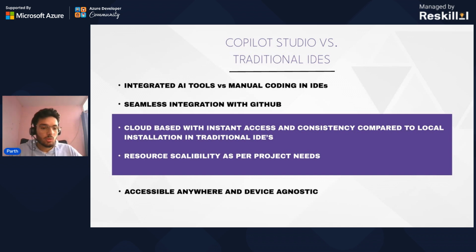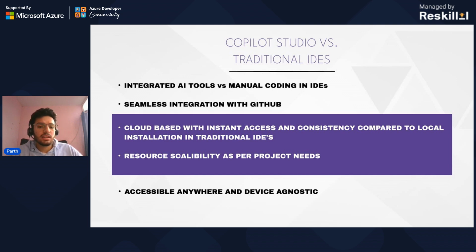You're going to have the same quality of code enhancement and the same quality of AI tools as compared to a system that is 10x better than yours. You're going to have the same consistency compared to local IDEs. Local IDEs will use your resources rather than cloud-based resources, so it will depend majorly on your system. So I think the cloud-based system for Copilot Studio is a great plus point.